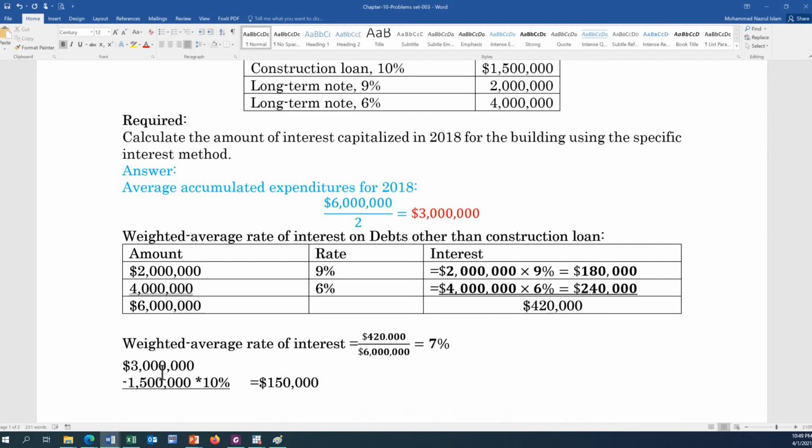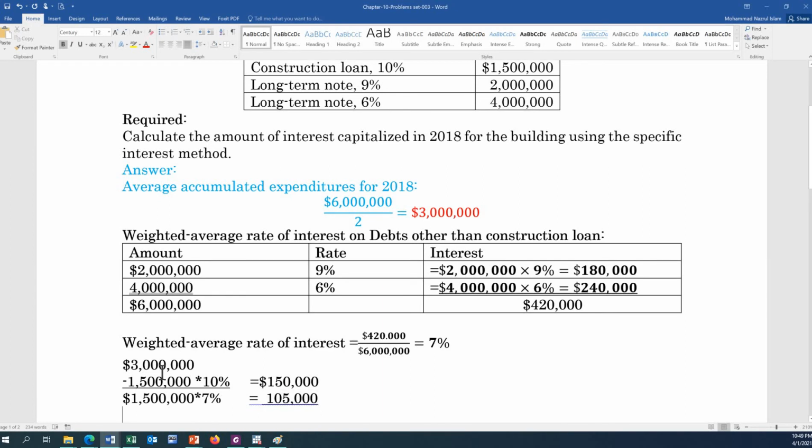And for the remaining 1,500,000, the average interest rate is 7%, so it's going to be 105,000. So this is the total interest to be capitalized.